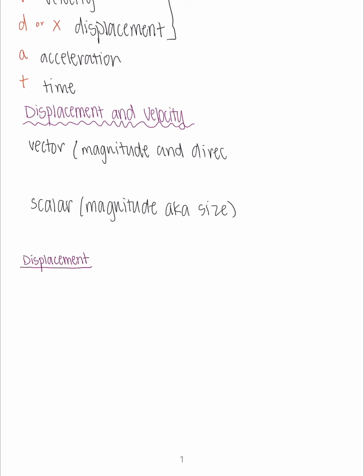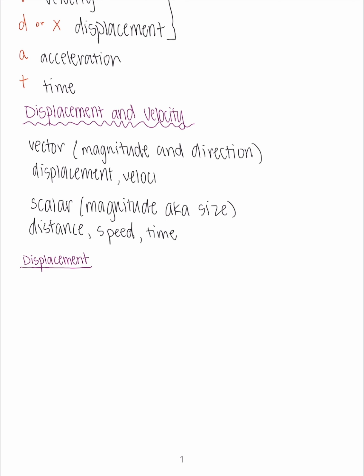Some examples of scalar quantities will include distance, speed, and time. Vector quantities will include the above-mentioned displacement and velocity, as well as acceleration.